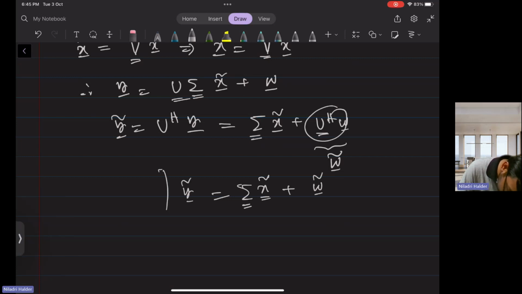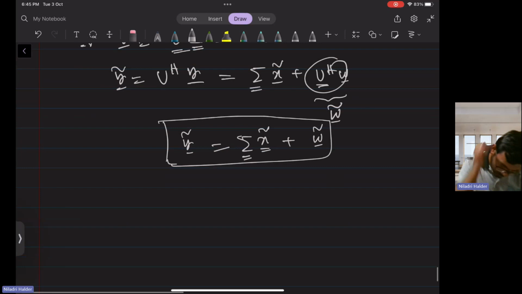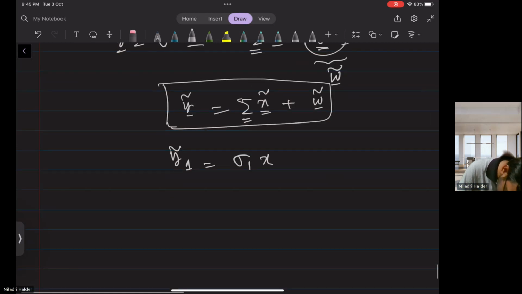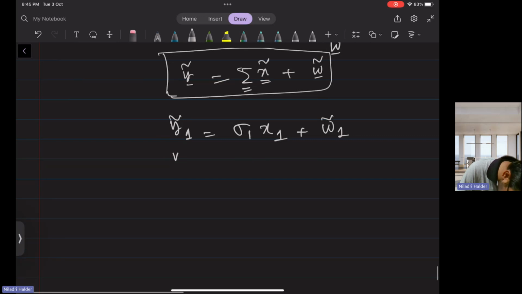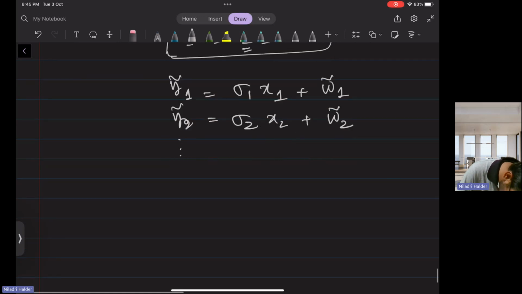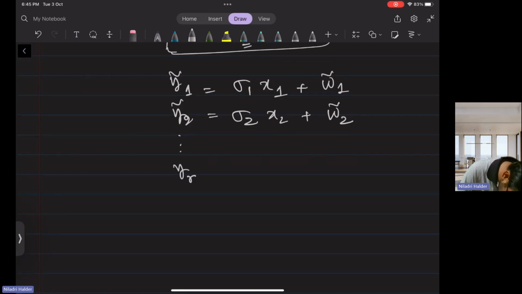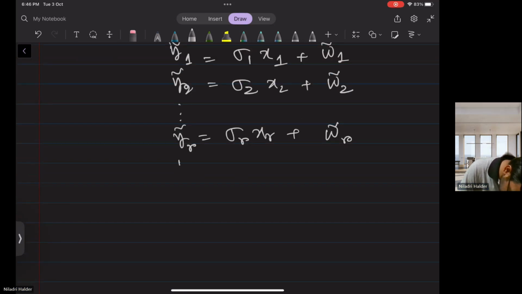This is the new system model now. So that means y tilde 1 is equal to sigma 1 x1 plus w tilde 1, and then y tilde 2 is equal to sigma 2 x2 plus w tilde 2, and so on up to y tilde r equal to sigma r xr plus w tilde r, where r is the rank.